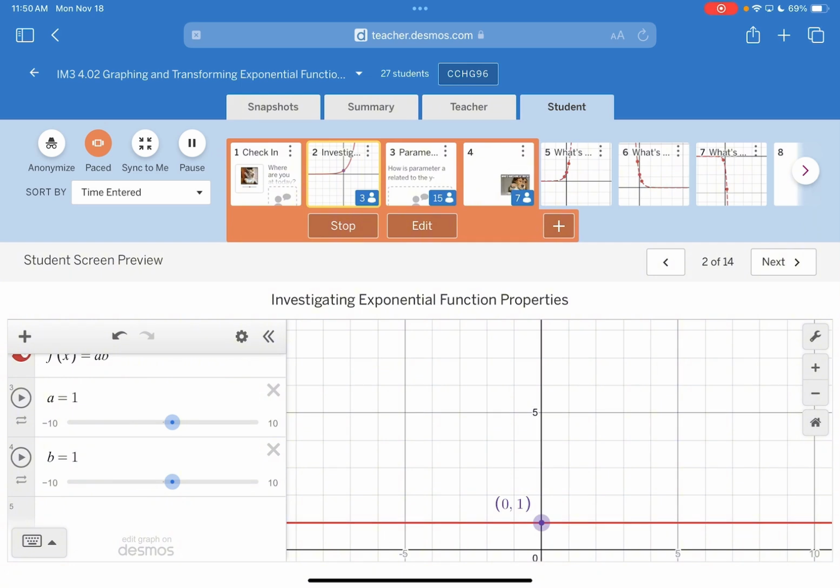For example, what is 1 to the third power? 1. What is 1 to the 10th power? 1. What if I make it 1 to the negative 5th power? It would still equal 1. So if the base is equal to 1, your answer will always be 1. That's why we get a straight line when your base is 1.